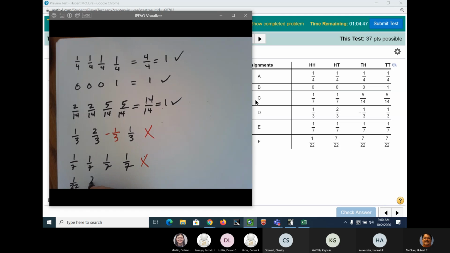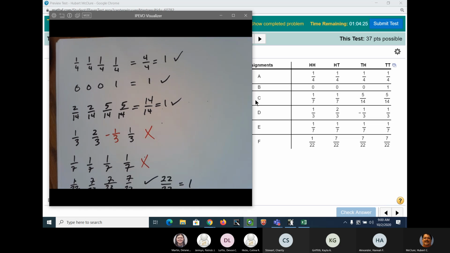And the last one is 1/22, 7/22, 7/22, and 7/22. Yes or no? Yes, because 7 plus 7 plus 7 is 21, plus 1 is 22/22, which is equal to 1.